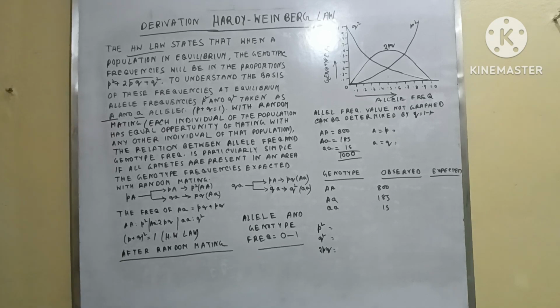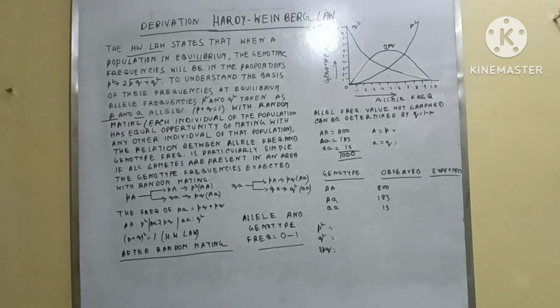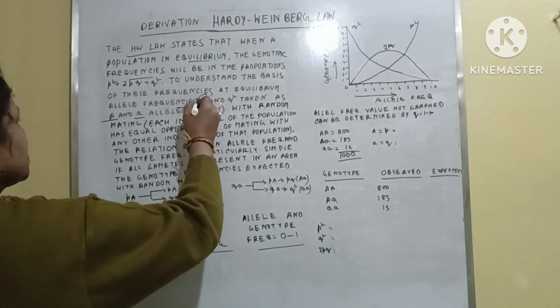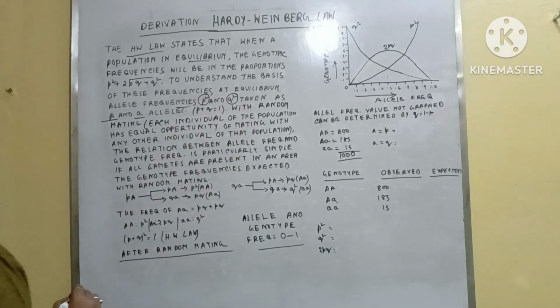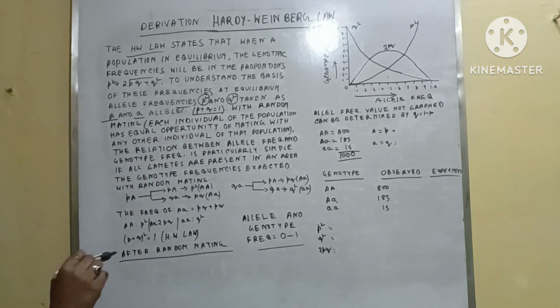Capital A is dominant and small a is recessive. So the allelic frequencies will be small p and small q, and small p plus small q remains 1.